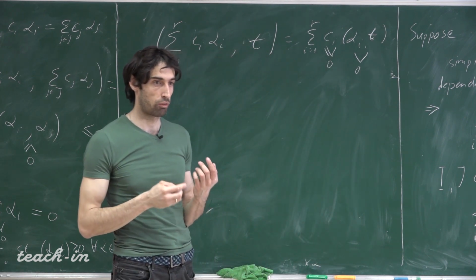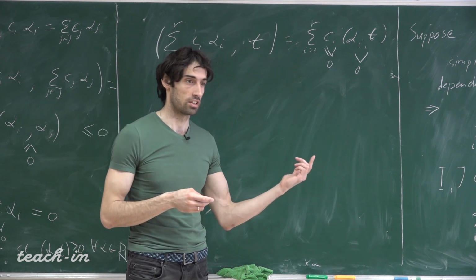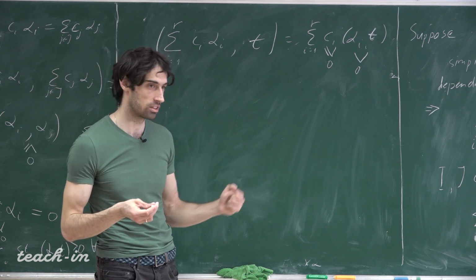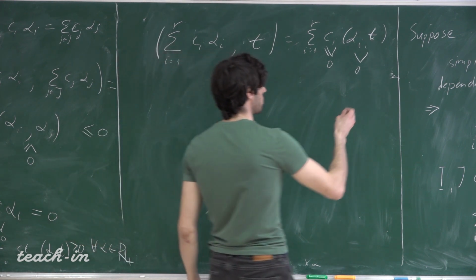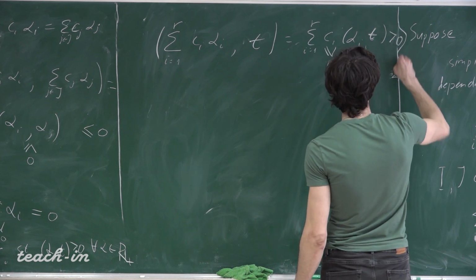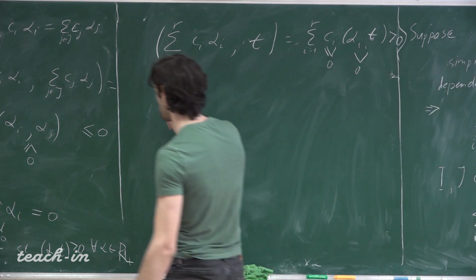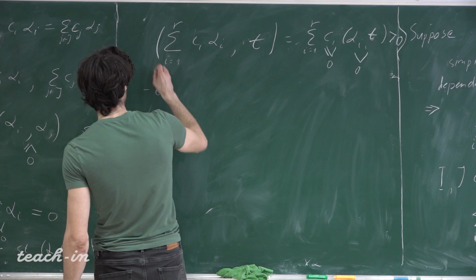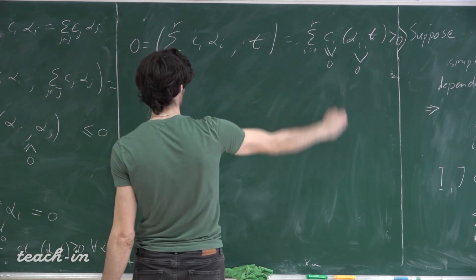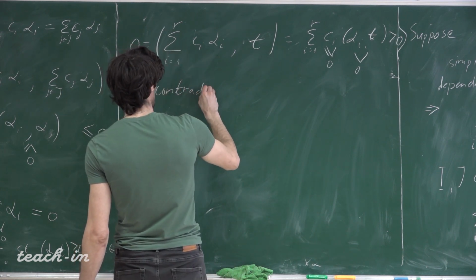Moreover, at least for some index, ci is strictly greater than 0. That's our assumption for linear dependence. So the whole thing is strictly greater than 0, which is a contradiction. This should be 0 on one hand; on the other hand, I proved that it's greater than 0.